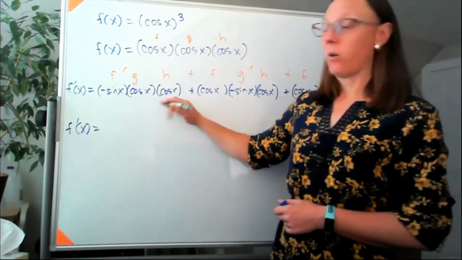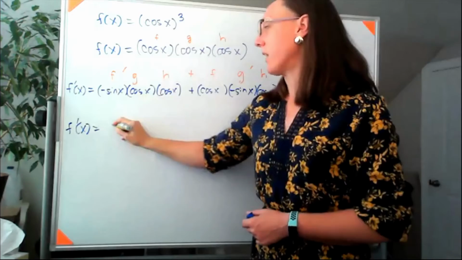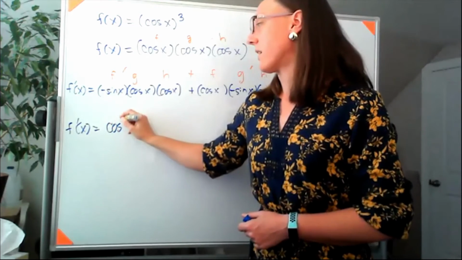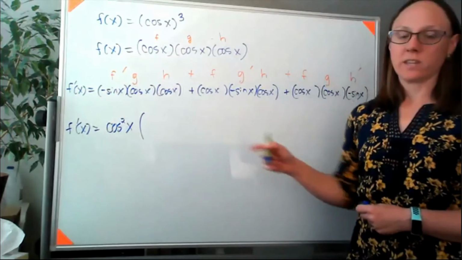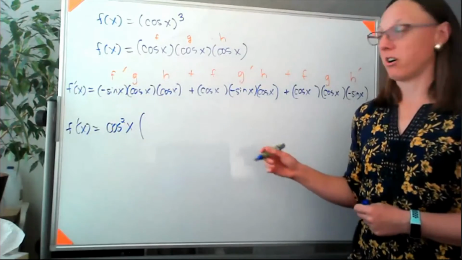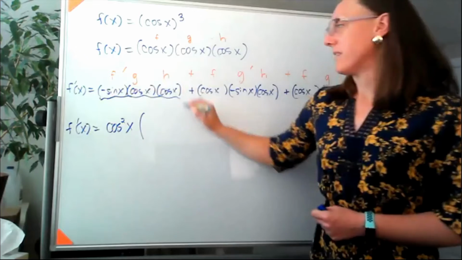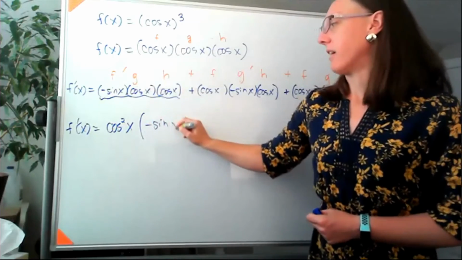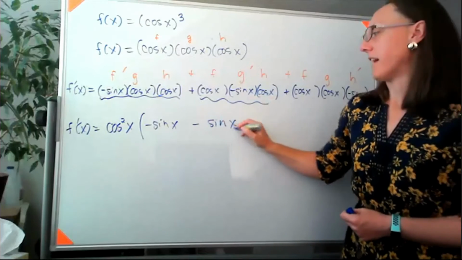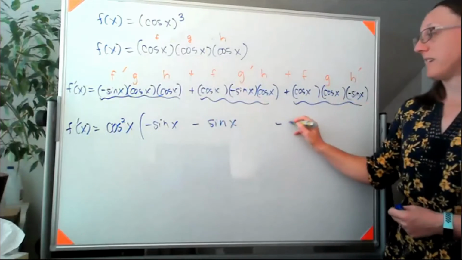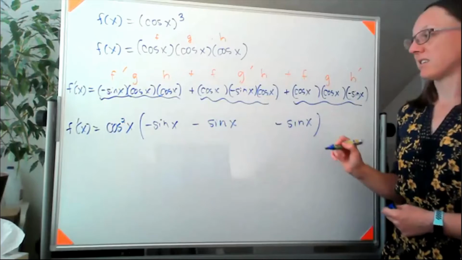So if I think about that cosine times cosine as a cosine squared x, if I were to factor that cosine squared x out of each term, then from this piece, I'd be left with a negative sine of x. And from this piece, I'd be left with a negative sine of x. And from that third piece, I'd be left with a negative sine of x.